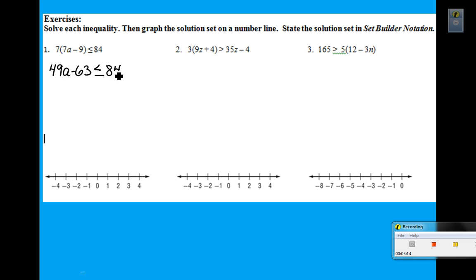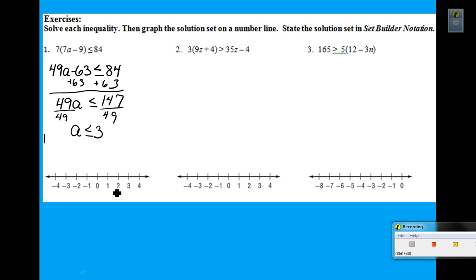I'm going to add 63 to both sides. So now I'm at 49a is less than or equal to 147. I'm going to divide both sides by positive 49. And I'm going to get a is less than or equal to 3. Since I divided by a positive 49, I didn't need to do anything special.